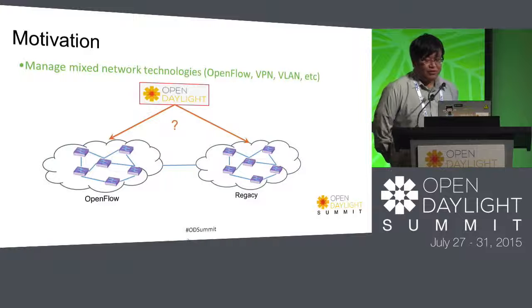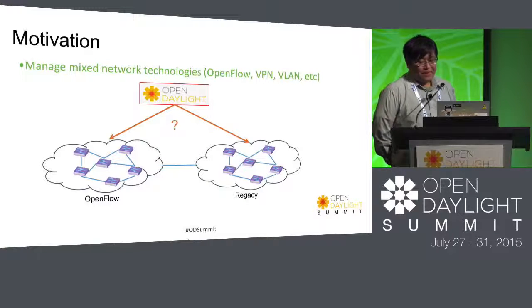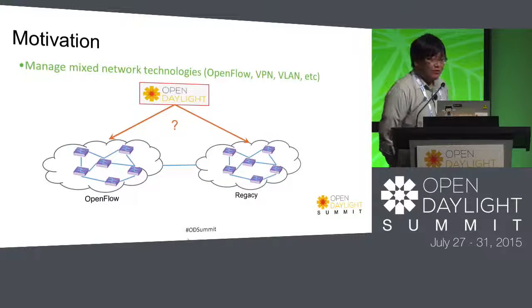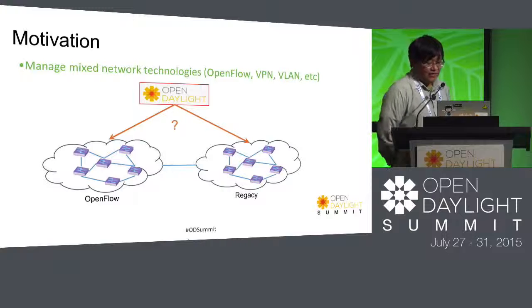This is important to users. Users want to make the networking system simple. They want to manage their network more easily. They want to avoid any problem in their own network. I believe OpenDaylight can realize this.